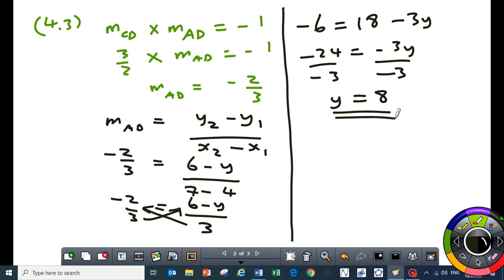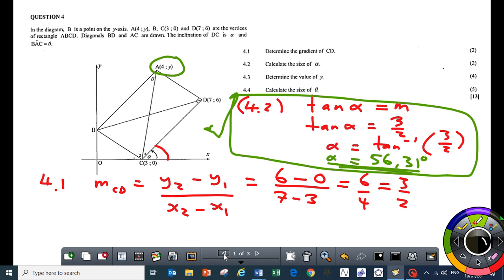Now, 4.4, calculate the size of theta. In question 4.4, you have to apply all your knowledge of inclination together with triangles and so on. Let's go back to the question and analyze it. Now we need to find theta.